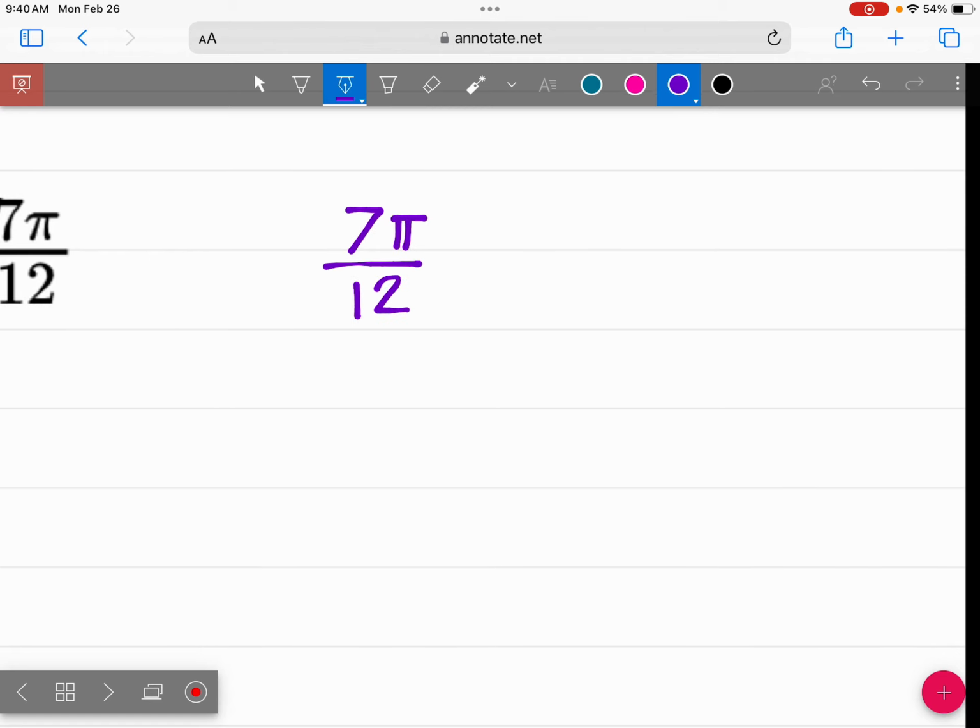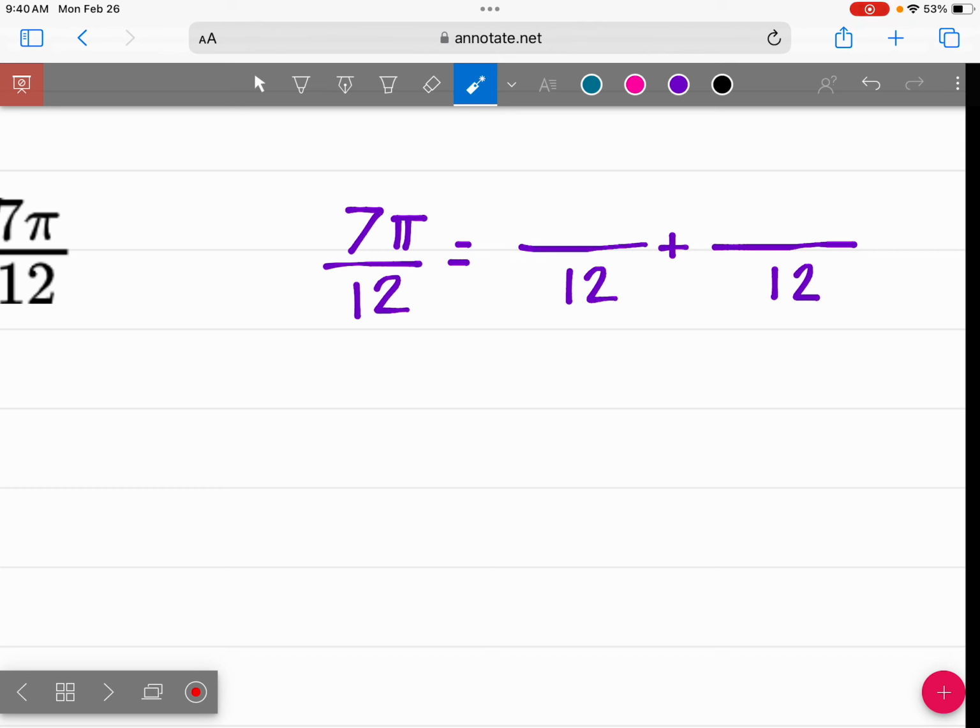What is a way I can break up 7 pi over 12 into a sum that's going to have something that simplifies? What are some things that add up to make 7? 5 and 2. Will 5 and 2 make our numbers simplify into things that are on the unit circle? 3 and 4. Finishing my thought, we'll think about that one next.